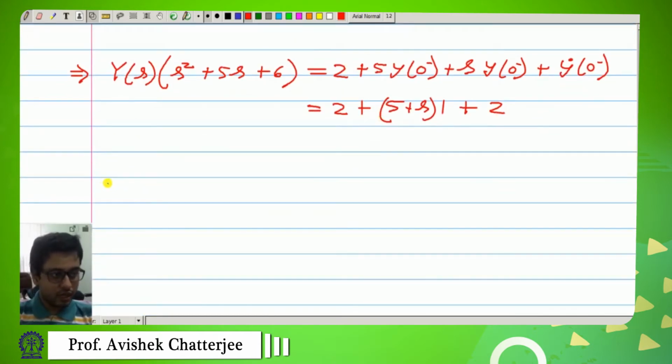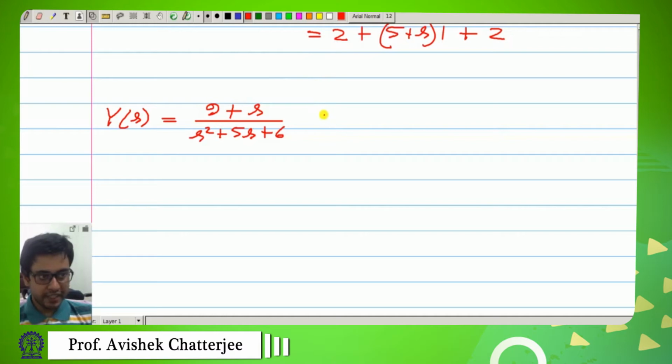Then I will write capital Ys equal to 2 plus 2 is 4, plus 5 is 9, plus s divided by this term s square plus 5s plus 6.